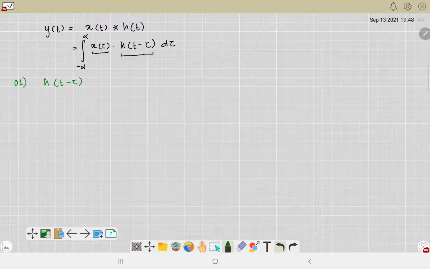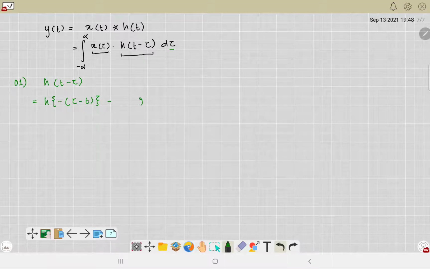Fine. But the main time variable in the integral, with respect to which we are integrating, is basically tau. So I can express this as h of minus tau plus t. And this is basically a combination of two operations.